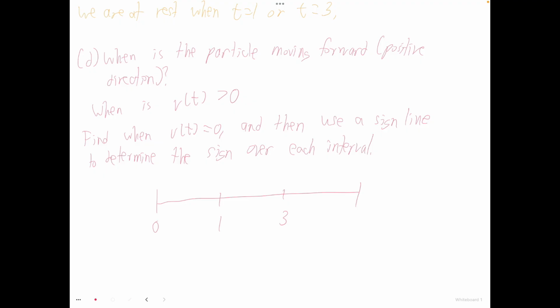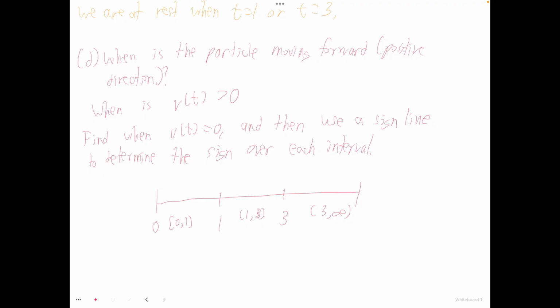It can't change in the middle. And so we just have each of these places where it's going to either be all positive or all negative on the interval. So from 0 to 1 is our first interval, from 1 to 3 is the second interval, and from 3 to infinity is the third interval. So we can only change signs at 1 and 3, because that's where we get 0.